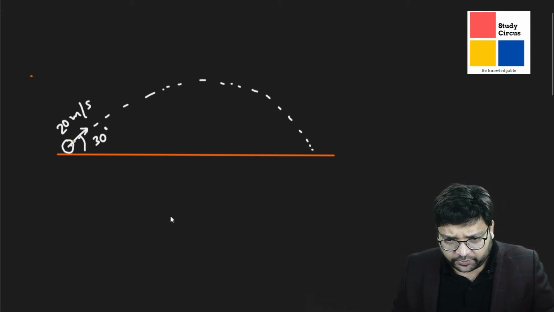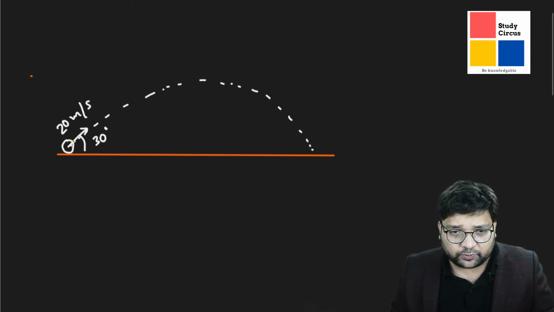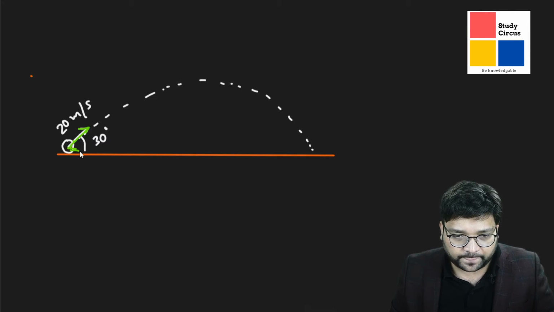Now the initial velocity, if we try to break down, this is, let's say, magnitude 20. So this was the velocity 20 meters per second, okay, at an angle of 30 degrees.